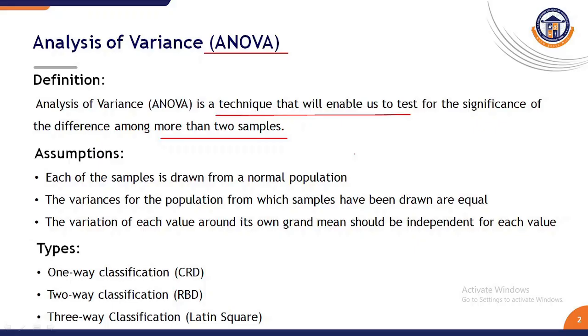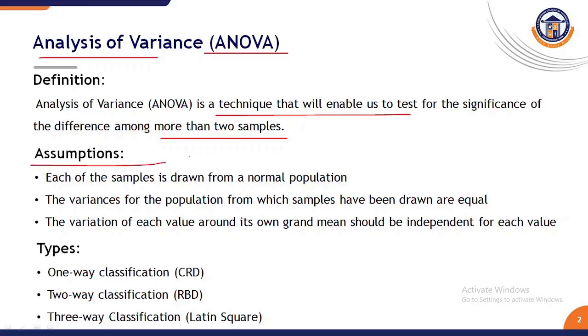In general, F test is used to find out the equality of two samples. Suppose if we want to find out the equality of more than two samples, then we have to use the analysis of variance technique.